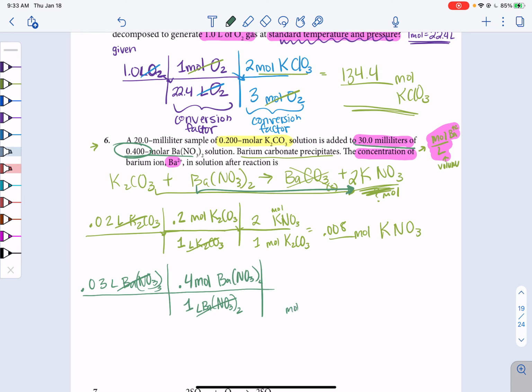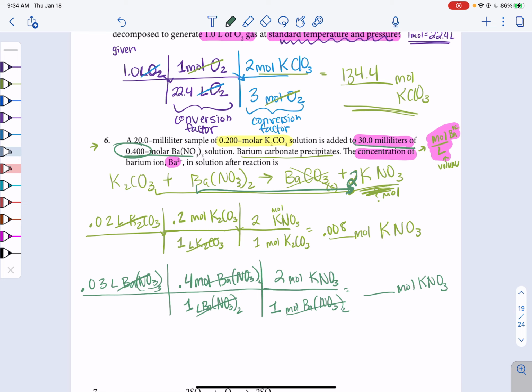So for every 1 mole of Ba(NO3)2, I have 2 moles of the potassium nitrate. I'm getting these numbers from the balanced equation above, so if you did not balance your equation right, notice how this would not be correct.